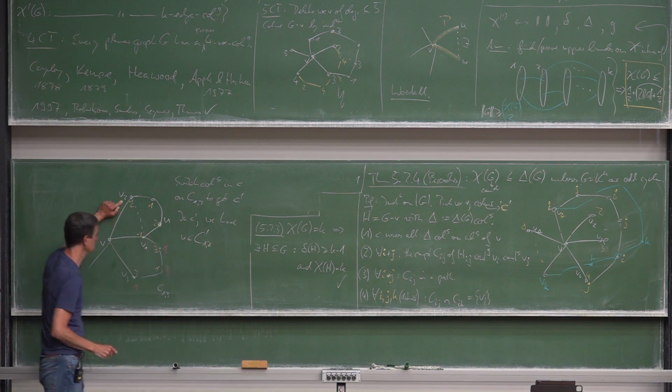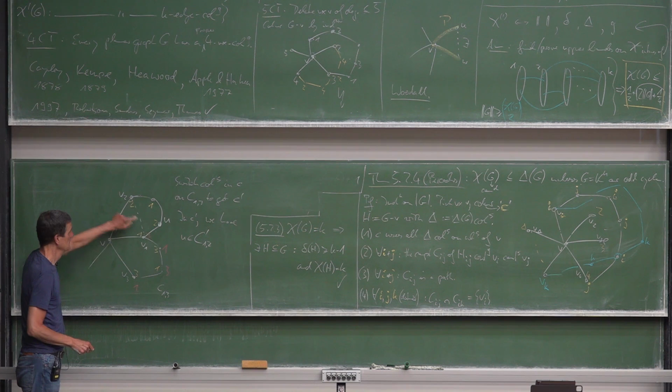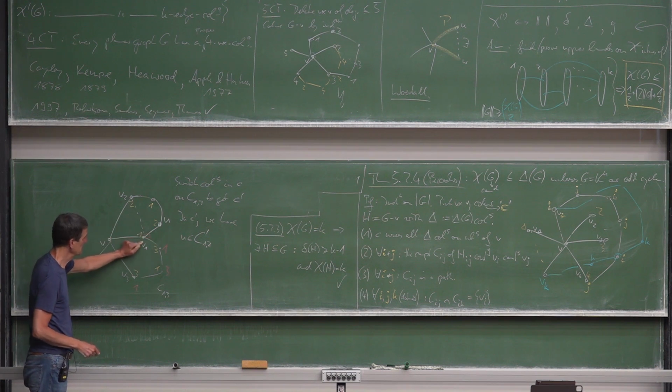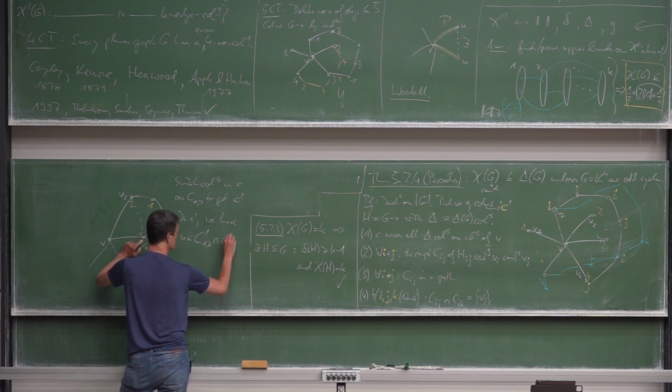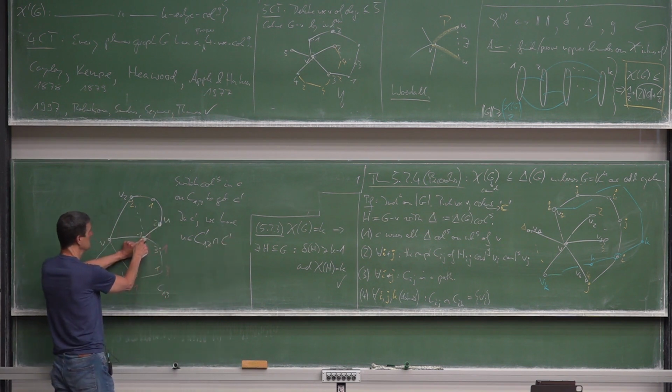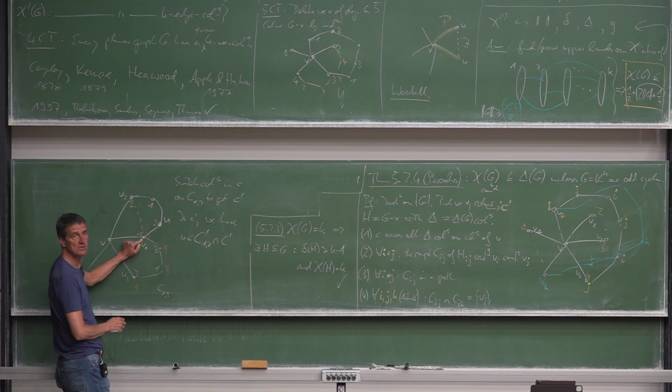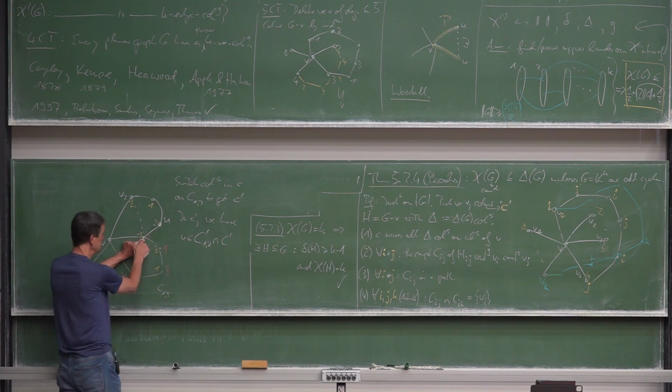But U is also in C'32, because this vertex has color 3.